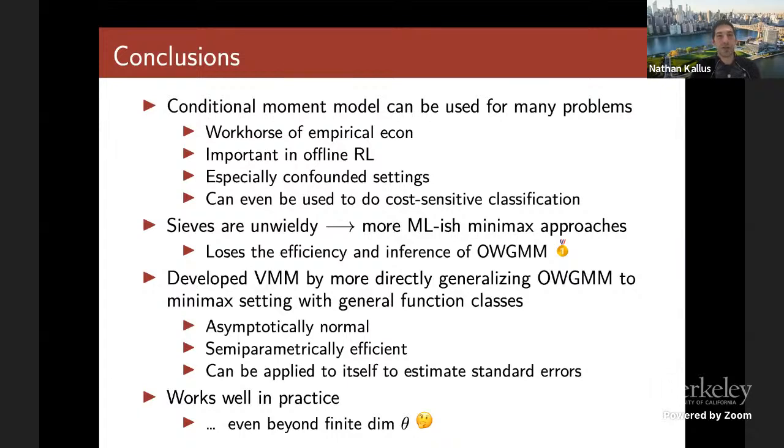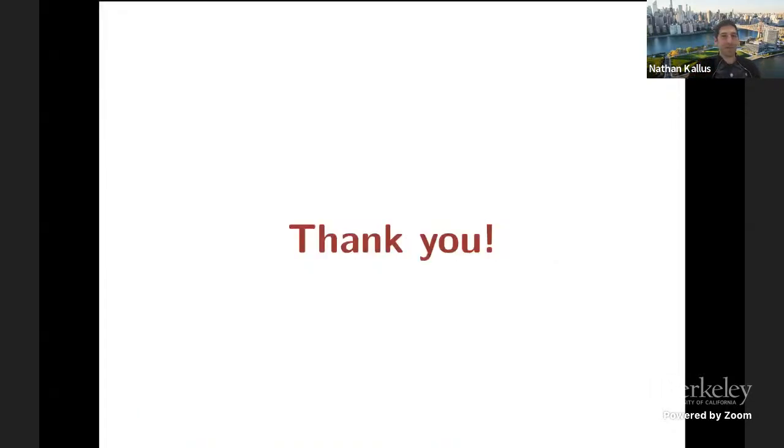So what I tried to do is go back to optimally weighted GMM and translate that to this minimax setting with general function classes more directly, in order to keep that optimal weighting. And we showed that that gave us asymptotic semiparametric efficiency and a way to estimate standard errors. And it seems to work well in practice, even beyond finite dimensional theta, but I can't say anything about that theoretically. I would love to hear if you guys have thoughts about what to do there.